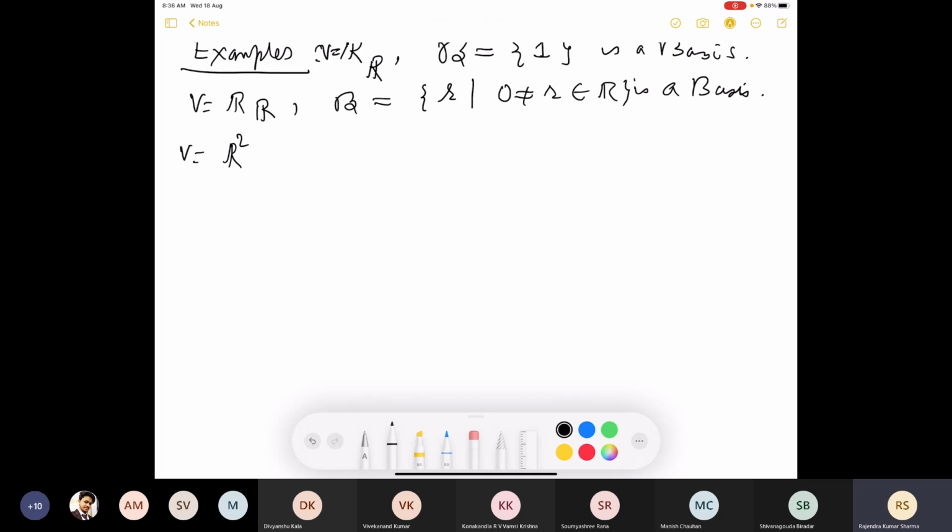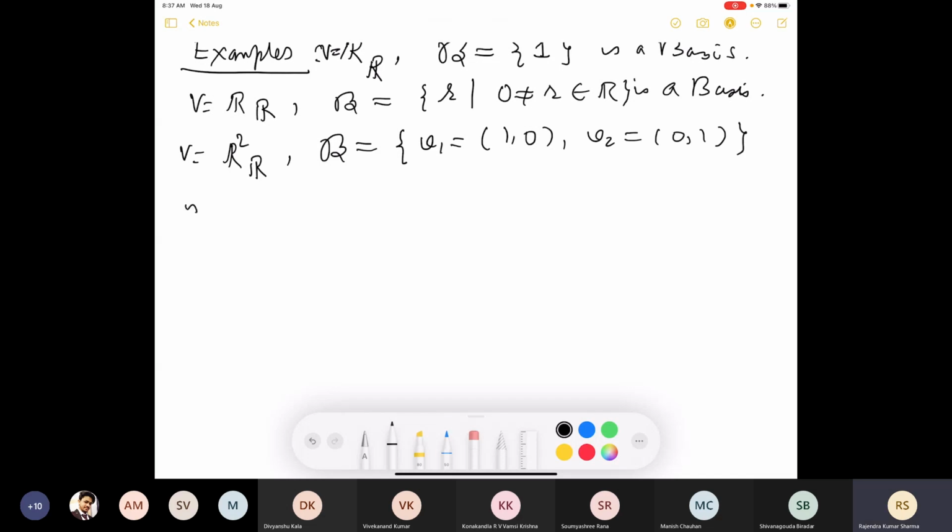If you take this as R2 over R, then R2 over R consists of the ordered pairs of the form x, y, where x and y are in R. And this becomes a vector space with respect to coordinate wise addition, and scalar multiplication means multiplying each coordinate by the scalar, say alpha. Now suppose you take V1 equal to (1, 0) and V2 equal to (0, 1).